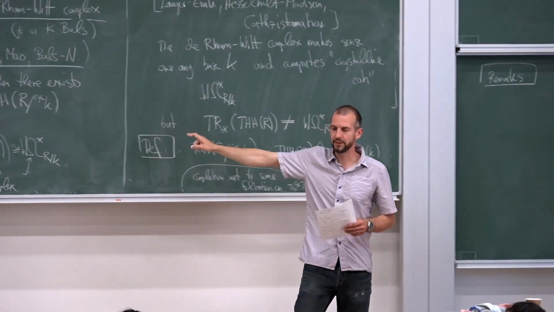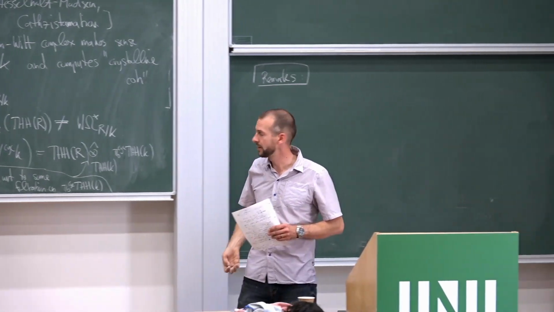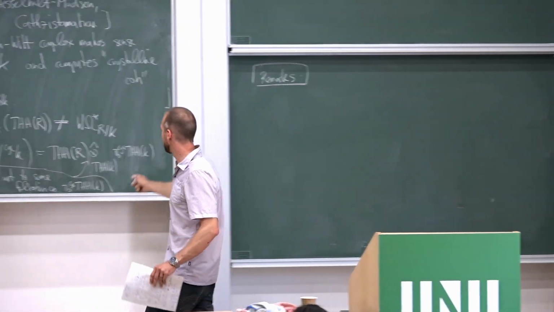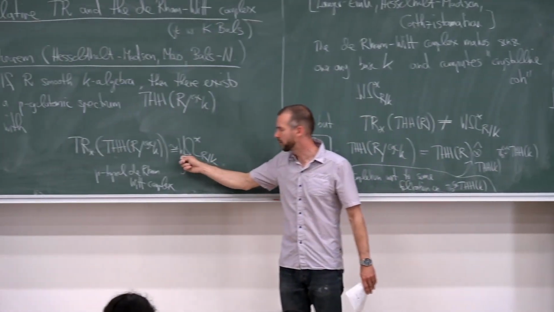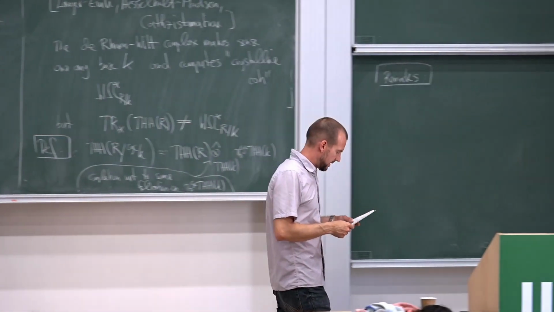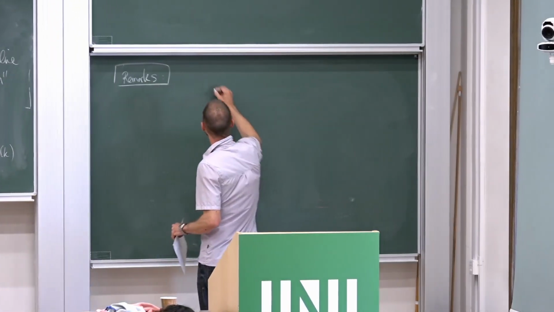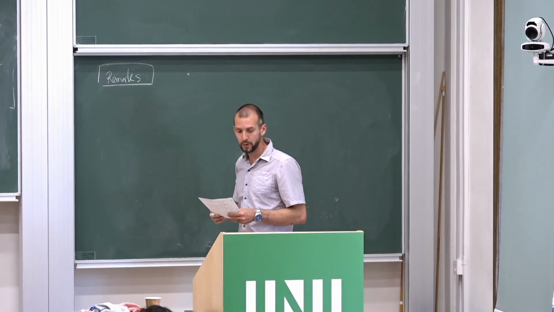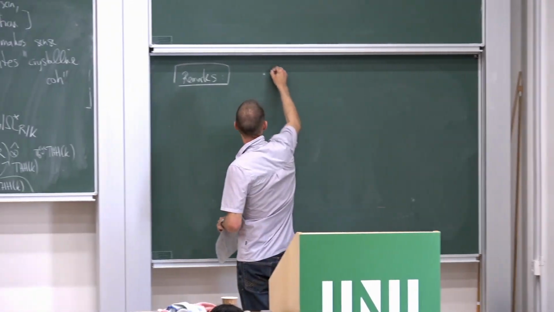I will state that a little bit more precisely in a second, but let's just stare at it for a second. So the assertion is that this relative THH does the job and produces, on homotopy groups, the de Rham-Witt complex. Let me just make a bunch of remarks before I state that again a little bit more carefully.